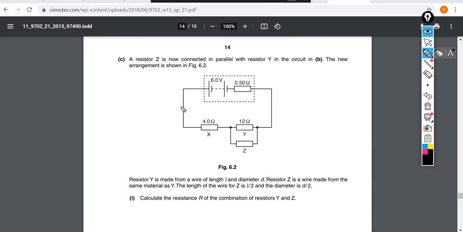But let's consider now that we know there's 6 volts. Remember, we already know that the combined resistance of this is 8 ohms there.